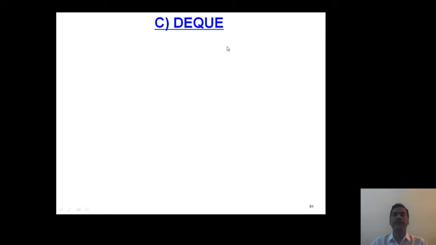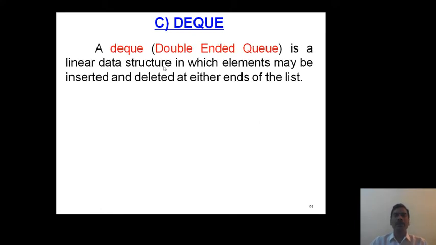The next one, Deque, is another type of queue. A Deque stands for double-ended queue. It is a linear data structure in which elements may be inserted and deleted at either end of the list. So at both ends, it is possible to apply insertions and deletions.